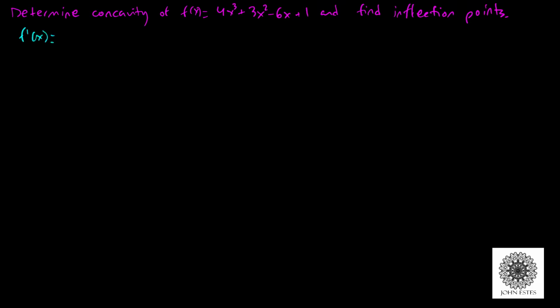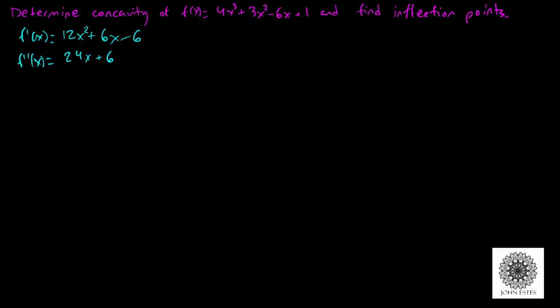The first derivative here is 12x squared plus 6x minus 6. That's not too bad. And then the second derivative, since this is a polynomial, these are pretty easy. My second derivative here is 24x plus 6.